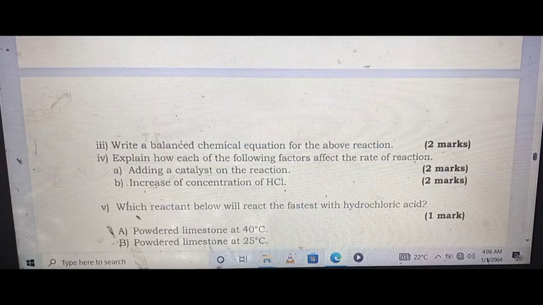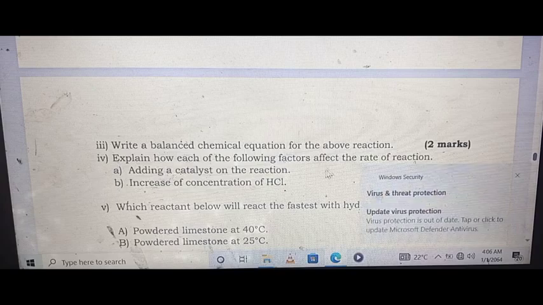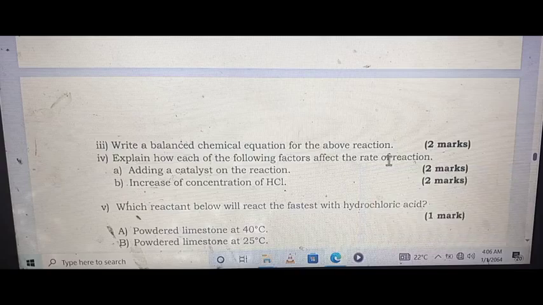I3. Write a balanced chemical equation for the above reaction. Calcium carbonate reacts with hydrogen chloride to form calcium chloride, carbon dioxide and water. I4. Explain how each of the following factors affects the rate of reaction.